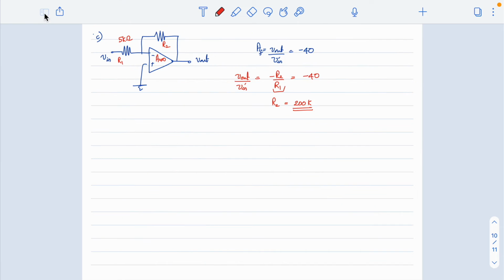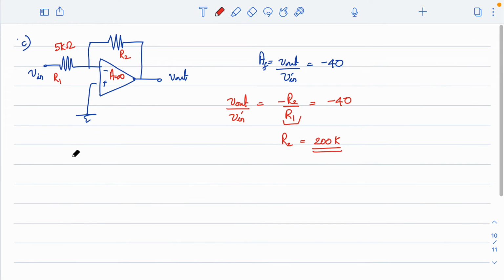So with respect to the previous circuit I have designed, I should connect a resistance in parallel to this R2, right? Let me call this some R2 dash.